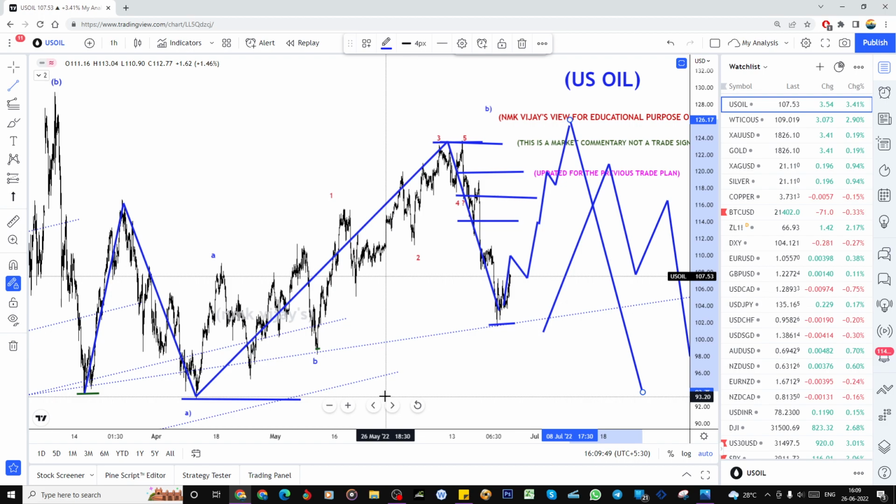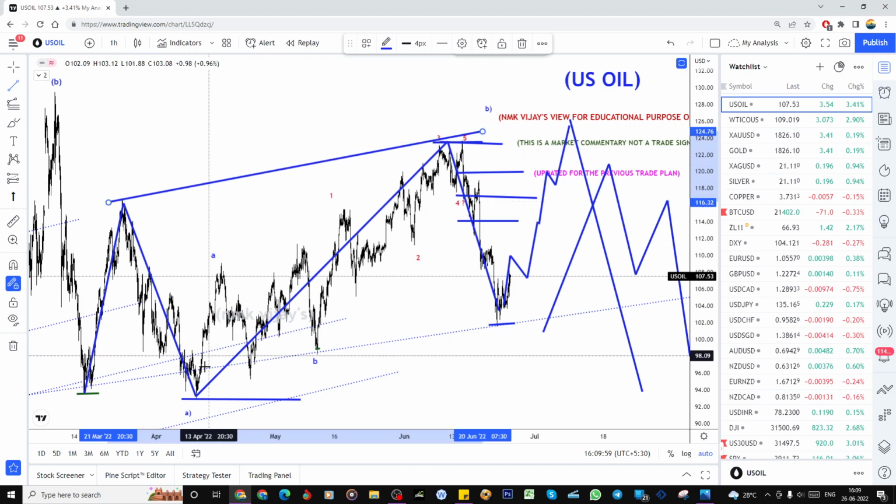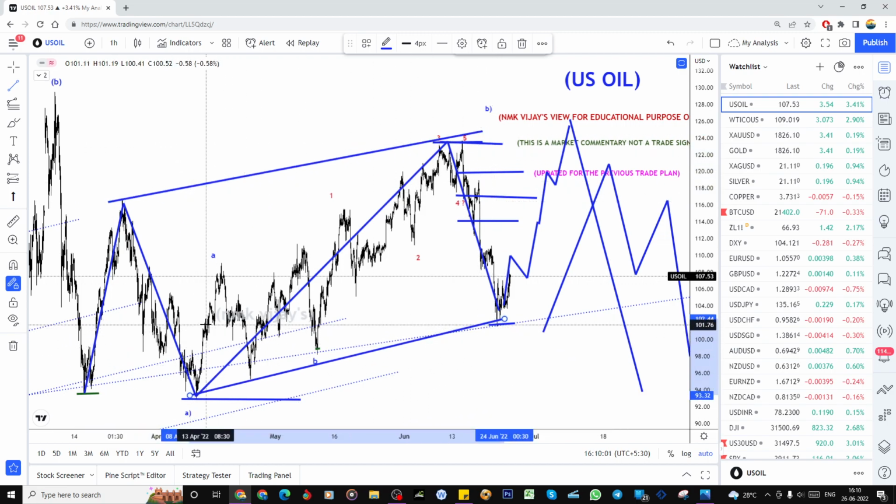So why is it happening? Then we come to know this ABC is a 5-wave structure. So this could be the correction part. This is the A, this is the B, and C needs to break this high, and later onwards we can expect this. I am talking about the possibilities.